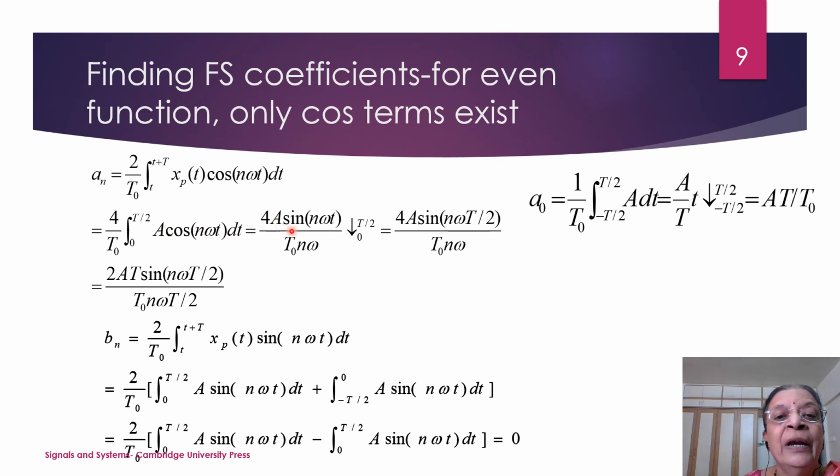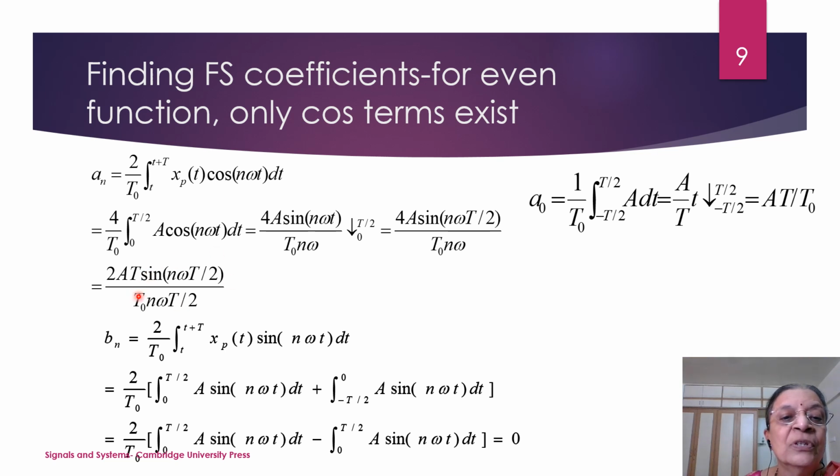So 4A sine n omega t upon T0 n omega, integration carried out between 0 to T by 2. So it is 4A sine n omega T by 2 upon T0 n omega. So I can write it as 2A capital T. When I write capital T here, there will also be capital T in the denominator, and this I can write as the sinc function.